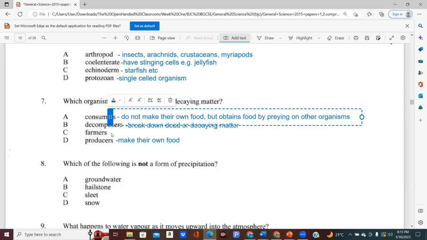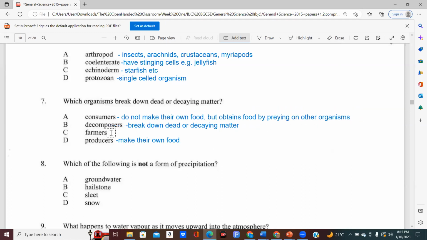All right. So consumers eat other animals. Consumers would be like your lions, your tigers. Anything that eats something else is a consumer.